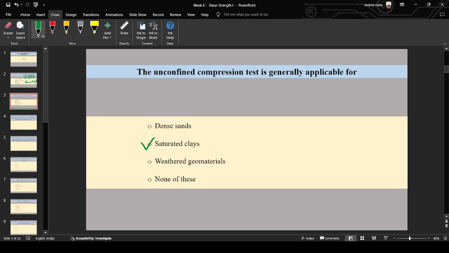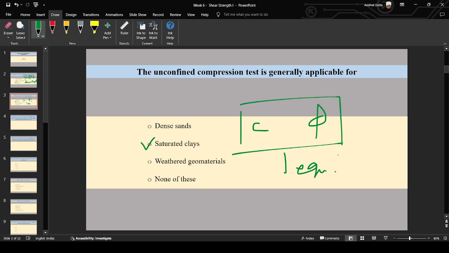So there is only one equation, but there are two unknowns. We have to find out two unknowns from the shear strength test. One is the cohesion and another is the angle of internal friction. So when there are two unknowns, as there is only one equation, it will be very difficult to find out. It won't be possible actually to find out two of these parameters.